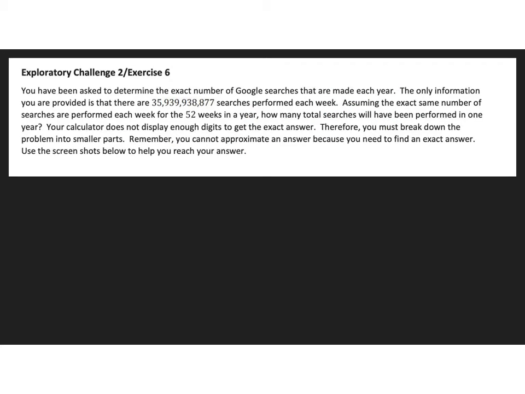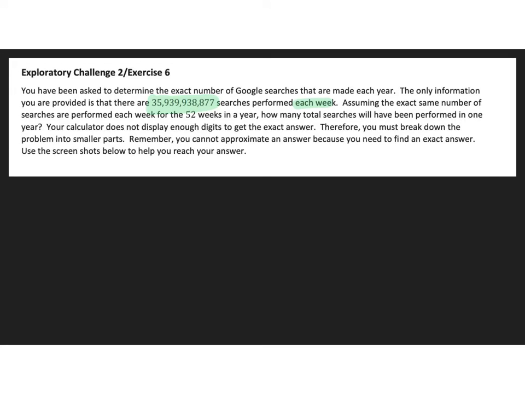Alright, it says you've been asked to determine the exact number of Google searches that are made each year. The only information you're provided is that there are 35,939,938,877 searches each week.